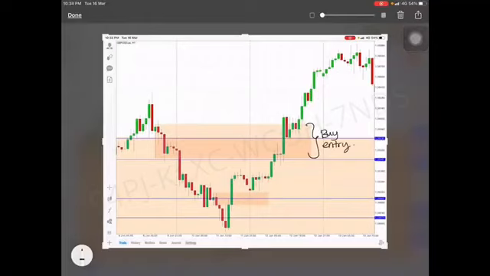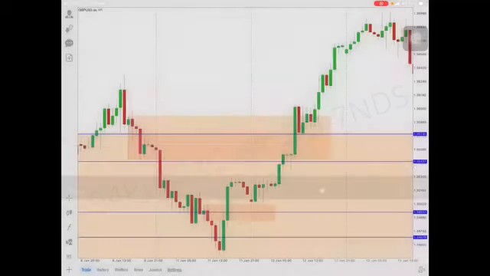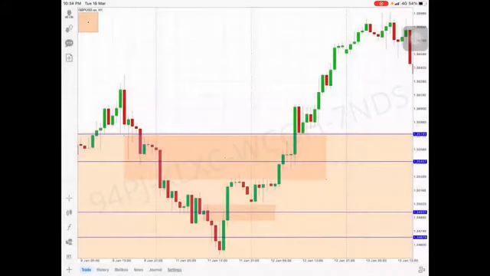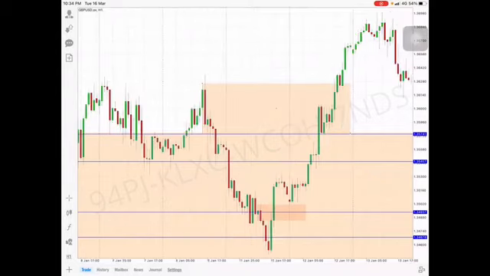Okay, is that clear to you? Nice. Okay, what if you missed this zone? Okay, you can also see that if it makes another engulfing sell, it's gonna come back to that zone. See?